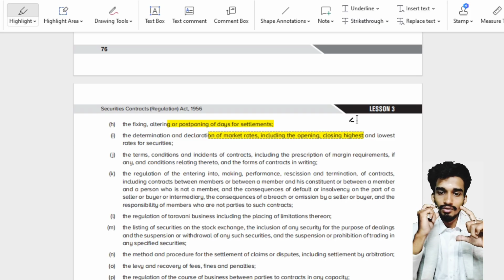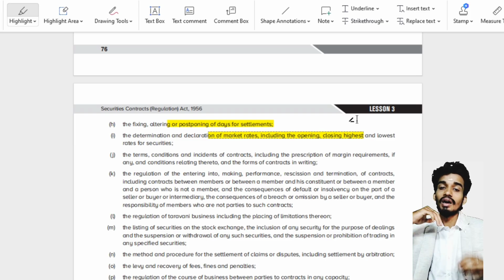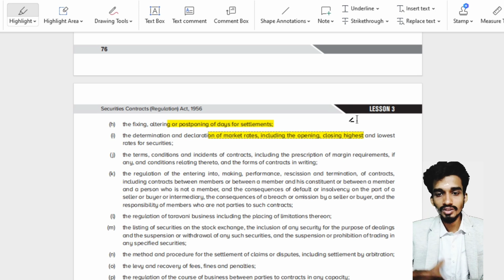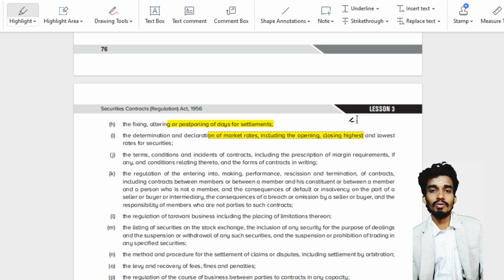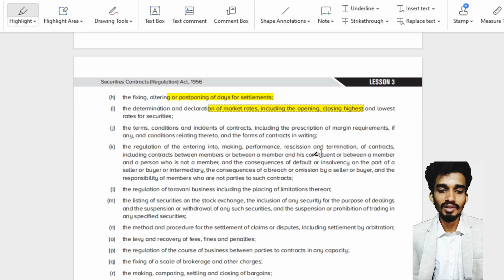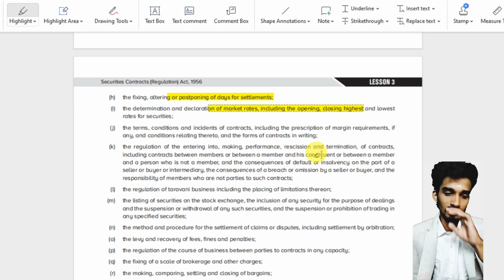You have the opening and the closing, the highest price the candle has gone, and the lowest price the candle has gone, so it has four prices. The various rules concerned with opening, closing, highest, lowest can be made by the recognized stock exchange.